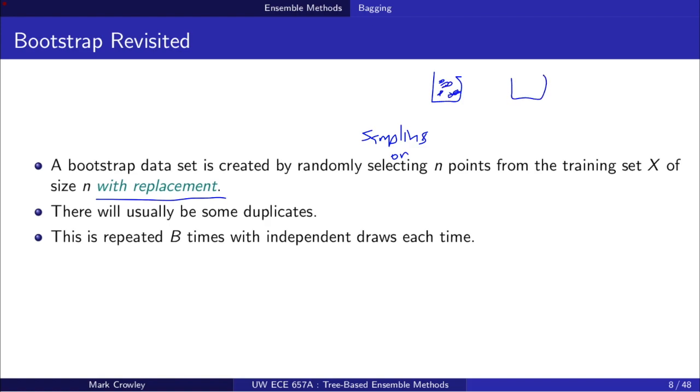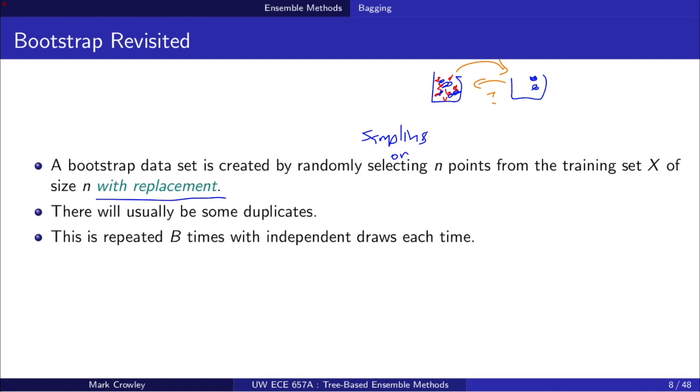We've got red balls and blue balls in the data set, and we sample one out, and then afterwards, do we put it back or not? If we're doing it with replacement, we put it back in the data set. So that means we literally could have the same data point sampled out twice.